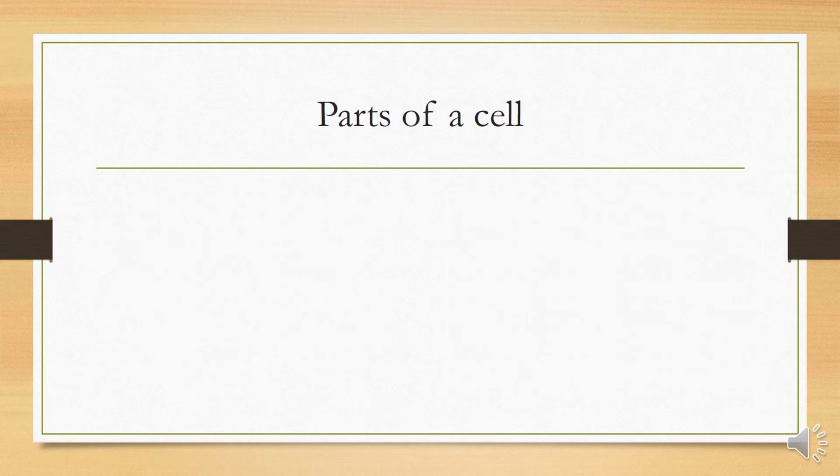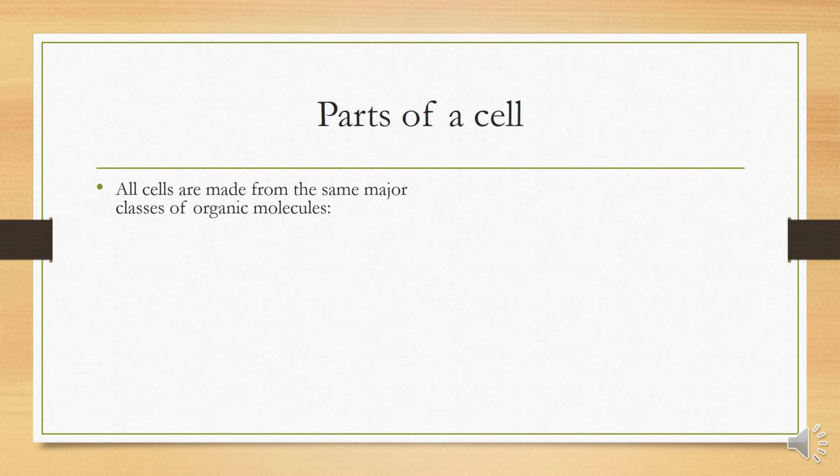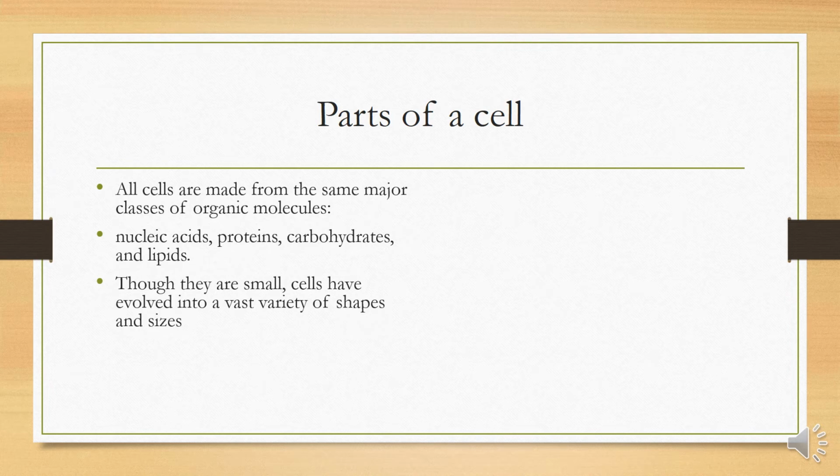The parts of the cells, all cells are made from the same major classes of organic molecules, which are nucleic acid, proteins, carbohydrates, and lipids. Though they are small, cells have evolved into a vast variety of shapes and sizes.